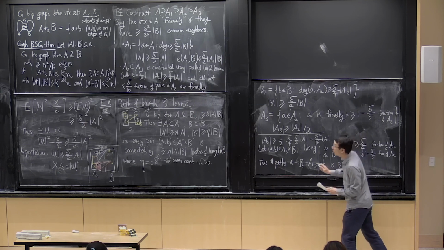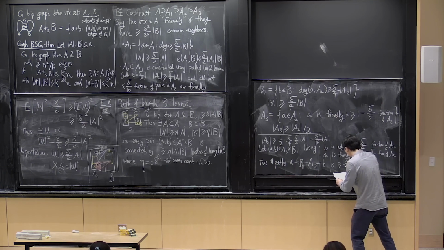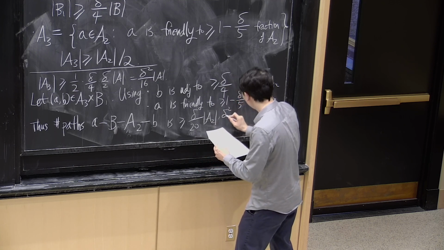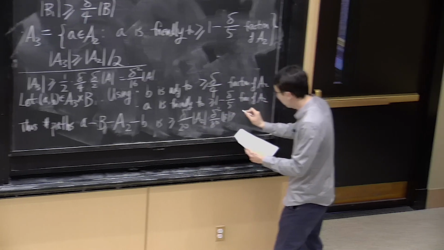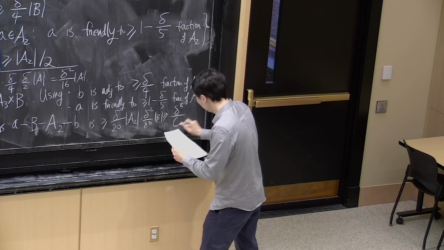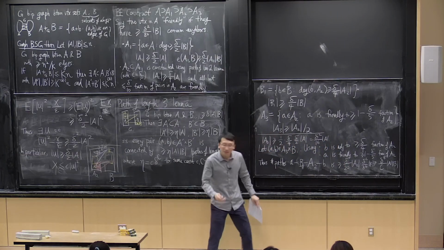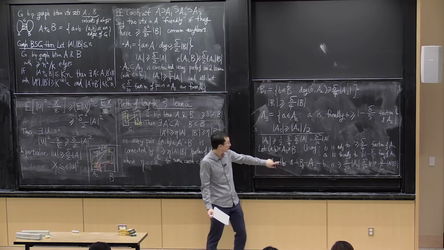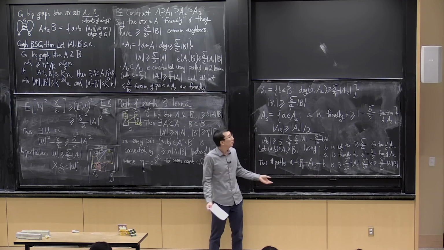So it's, sorry, this is go to B. So it's at least delta over 20 times A2 times delta squared over 80 times B. Okay, so if you don't care about polynomial factors in delta, then the point is there are a lot of paths. There are a lot of paths between each little a and each little b by the construction we've done.